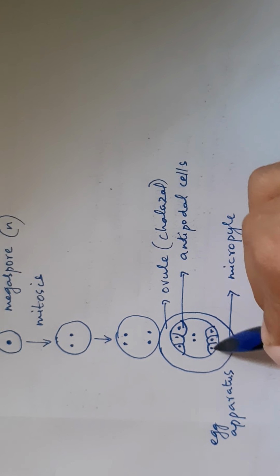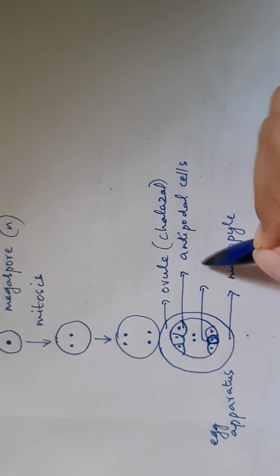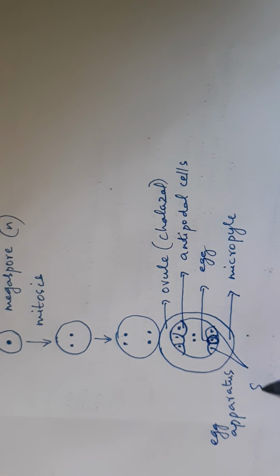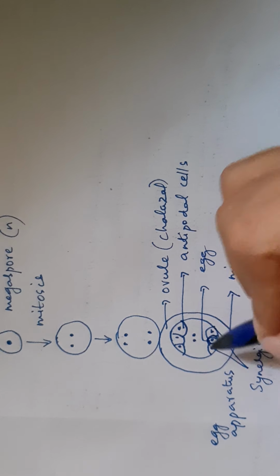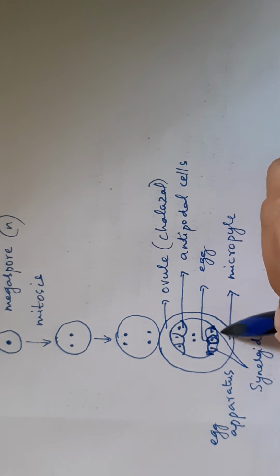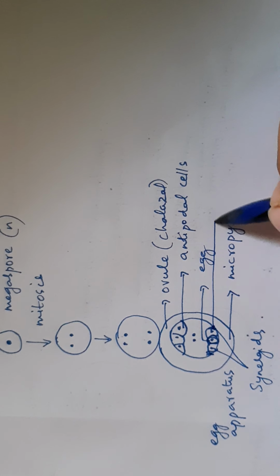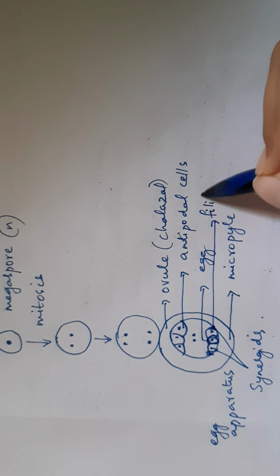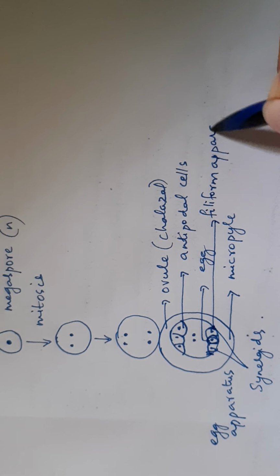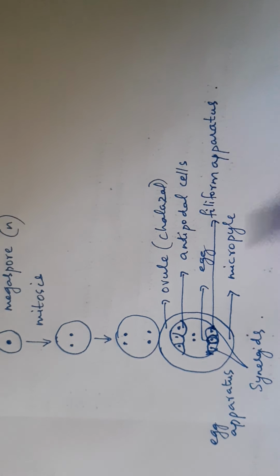In this egg apparatus, the center cell is the egg. The other 2 cells are called synergids. Synergids have folded structures, which are called filiform apparatus. The filiform apparatus guides the pollen tube towards the egg later.